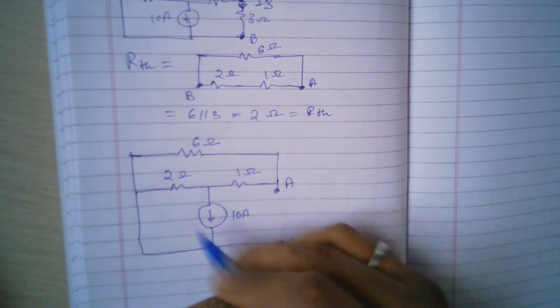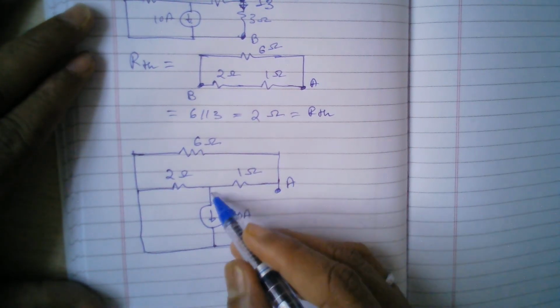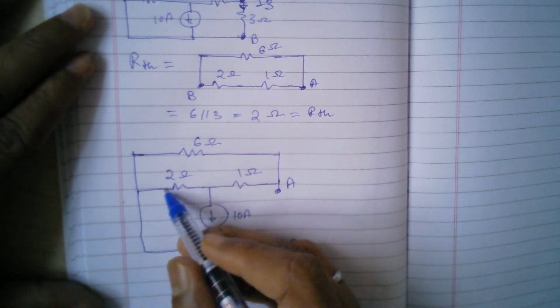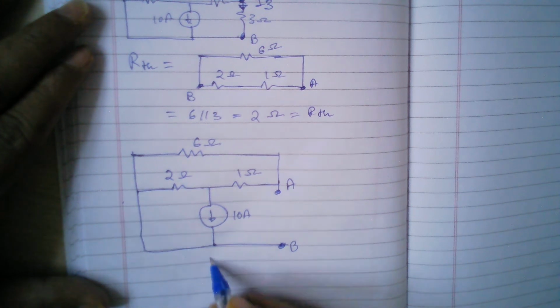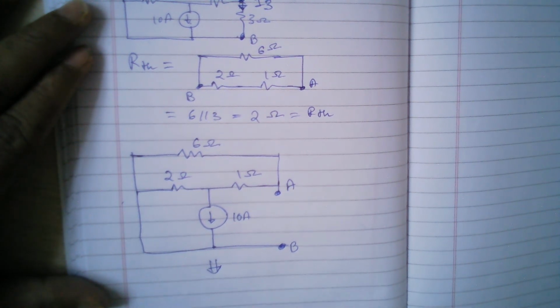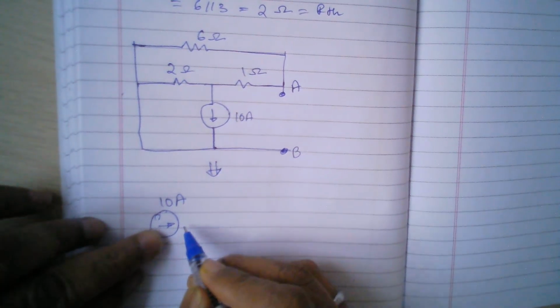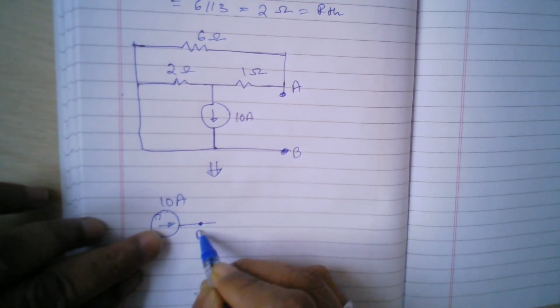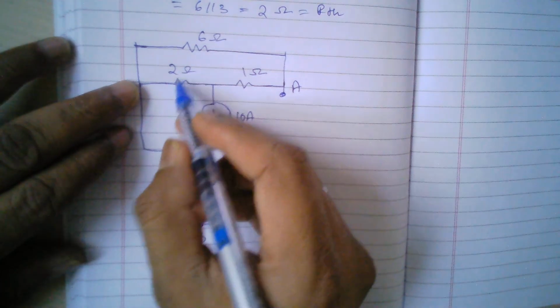Okay. So now I can redraw this circuit in this manner. I am having one branch, so that is coming here, and then this is the other branch. Okay. So I'll just redraw this circuit like this. There is a 10 ampere source, and the outgoing part of this 10 ampere source is called point B. Okay, so this point is B, that is going and splitting into 2 and 6.